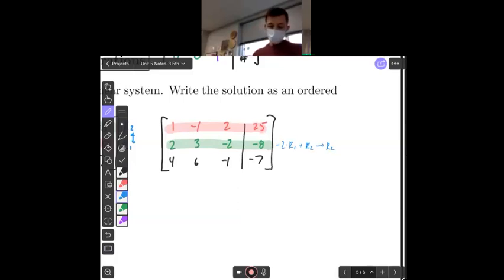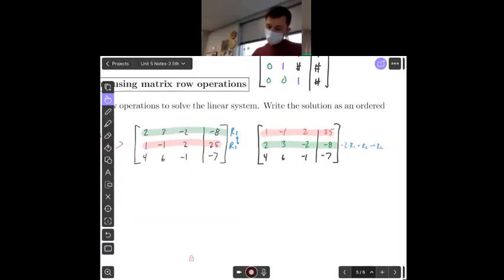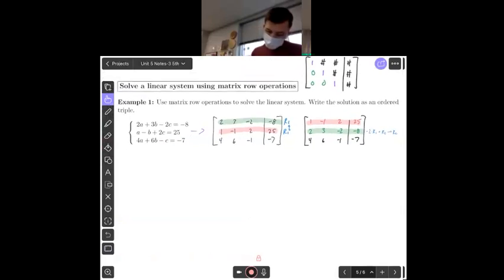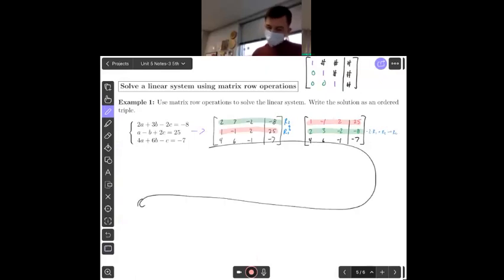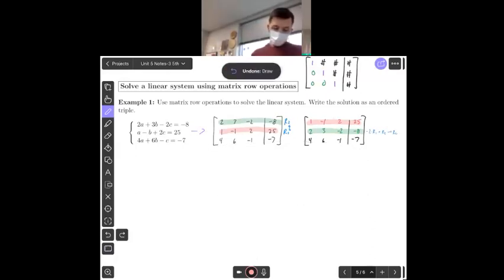And I'm going to have to bring that down and around, so get back on the page here. Please don't work like this. I've had students in the past do that, and it's so hard to follow. Get back to the left side of the paper. So I'm not messing with row 1. So 1, -1, 2, 5.